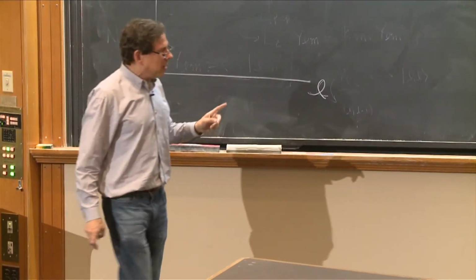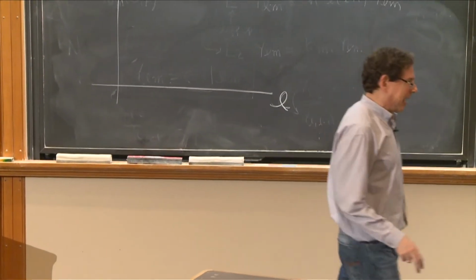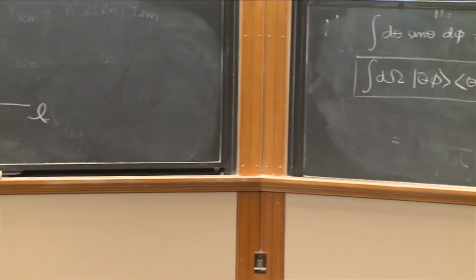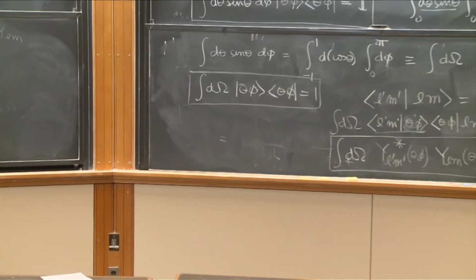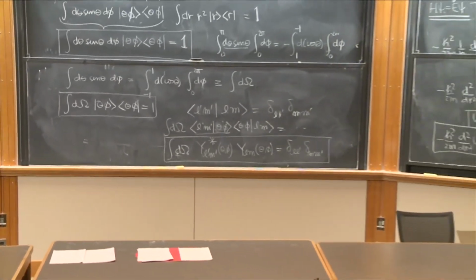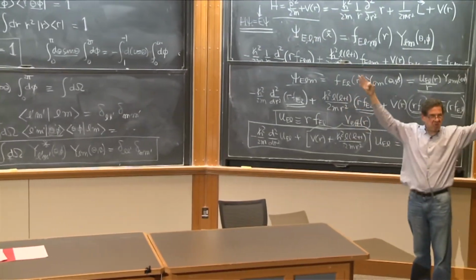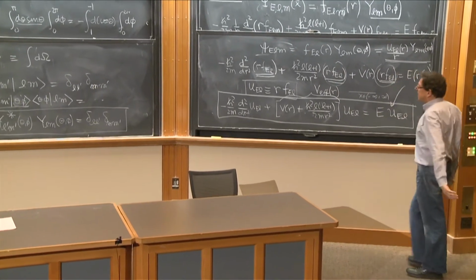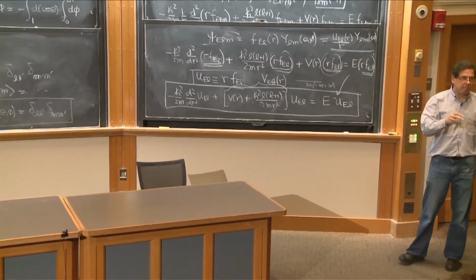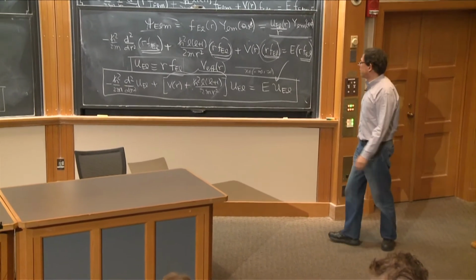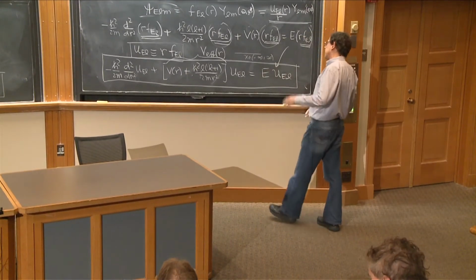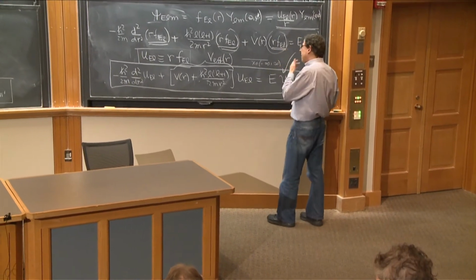So what will happen is that you have a one-dimensional problem. If these potentials are normal, there will be bound states. And let's consider the case of bound states for the purposes of this graph, just bound states. Now you look at this and you say, OK, what am I supposed to do?